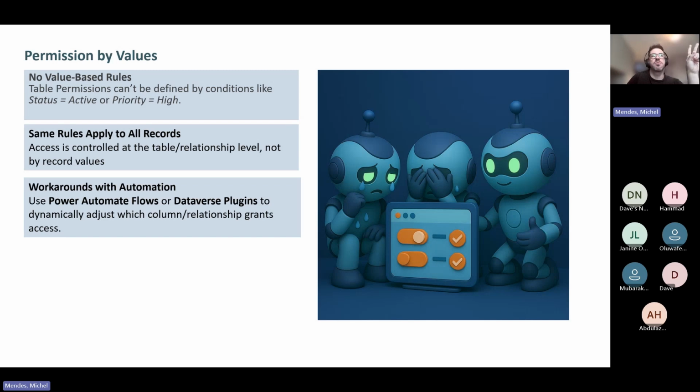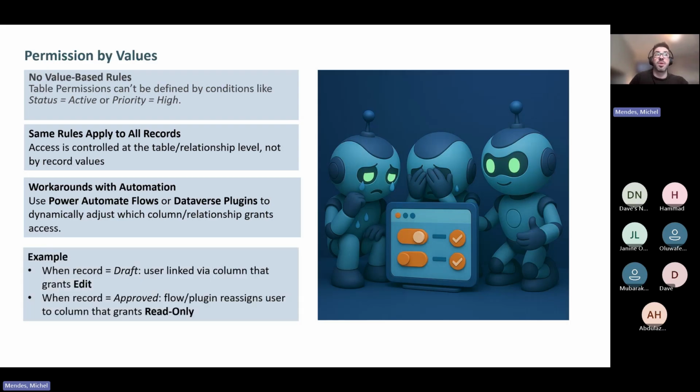You have 2 separate fields to grant permissions: one field grants edit permissions, the other read permissions only. And whenever the status changes from draft to another status, you would remove the value from the field that grants edit permissions, which means that as soon as the status changes from draft to another thing, the users can only read the records.